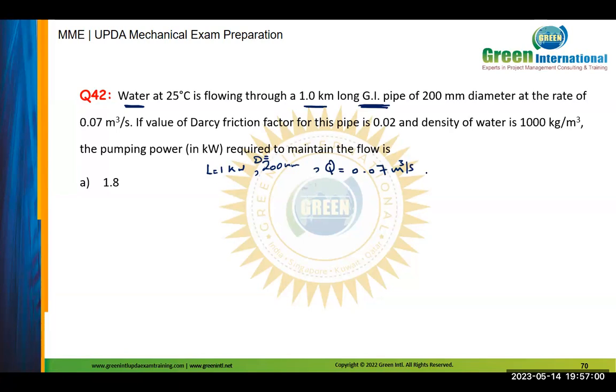The value of the Darcy friction factor is 0.02. The density of water is 1000. Find the pumping power.